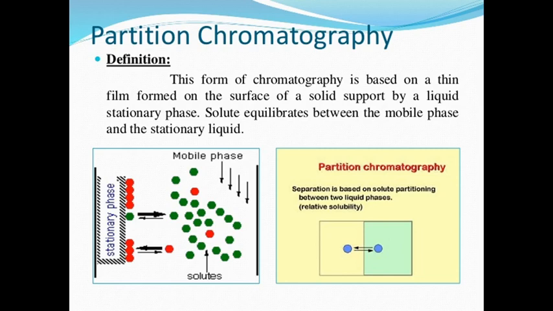Water. So here the water forms a thin layer on the surface of the paper. That means solid support, and that liquid acts as the stationary phase. Now the solute equilibrates between the mobile phase and stationary phase. Equilibrate means the distribution takes place between the two phases.